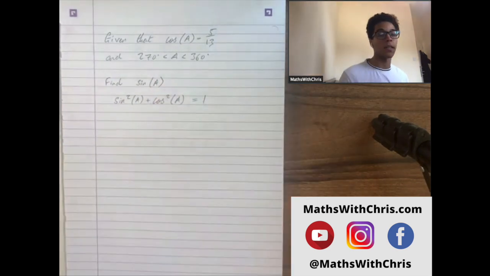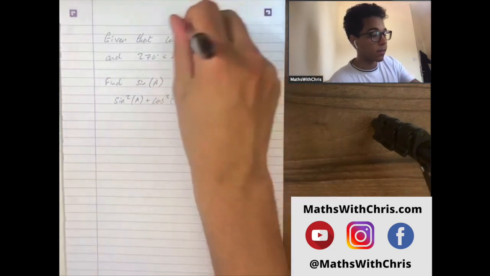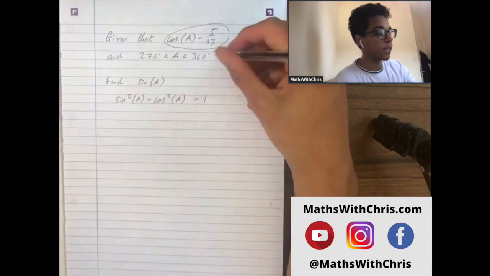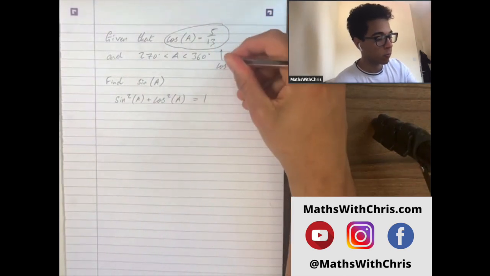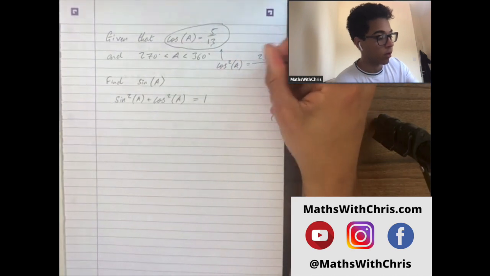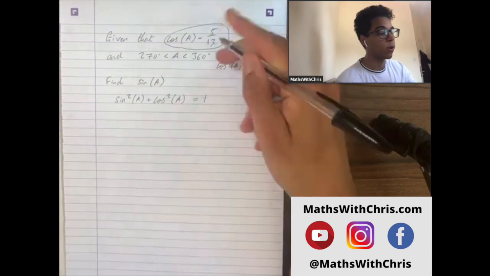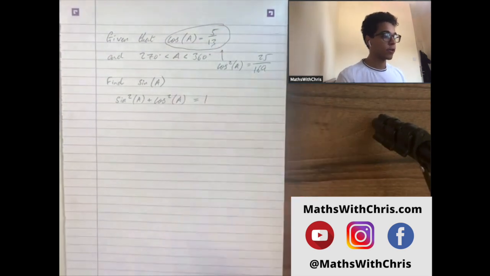This was one of the identities we saw earlier. And we know what cos of A is. Cos of A is 5/13. So cos squared of A is 25/169. That's just squaring that number. So you can square top and bottom on your fraction.